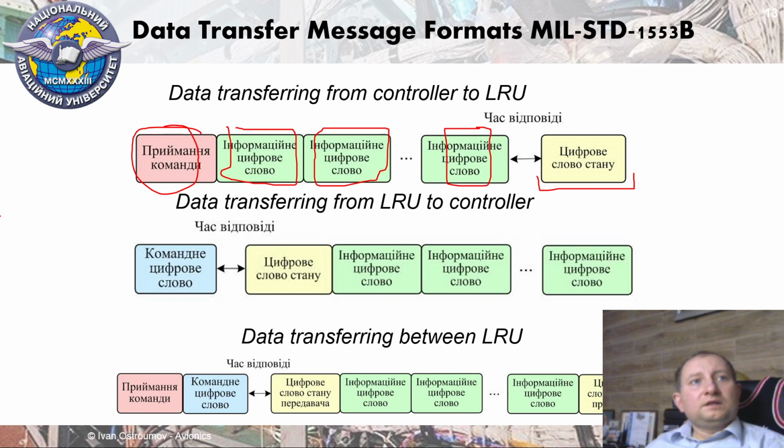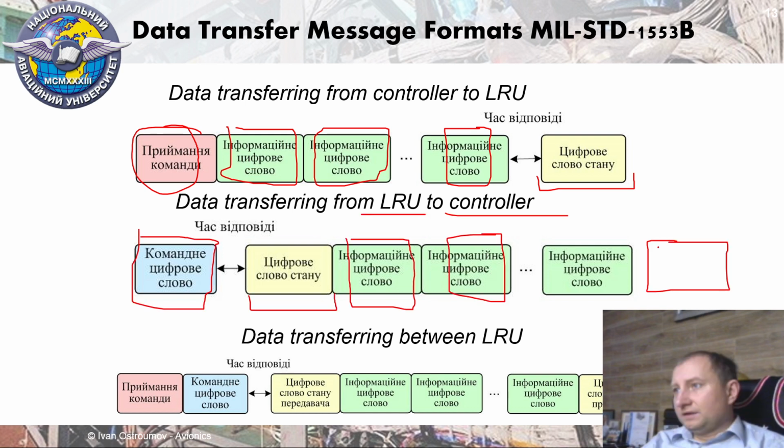And quite important, here we do not have a status word, because the bus controller does not require it. If the bus controller receives the data words, it means it knows everything about this data transmission. Thus, status word is not required.